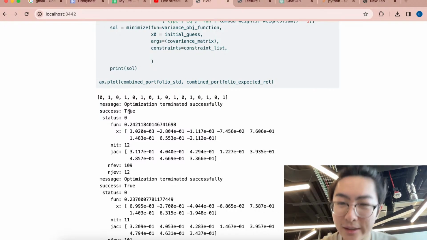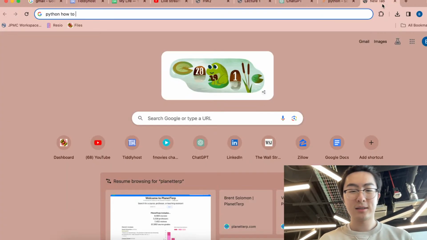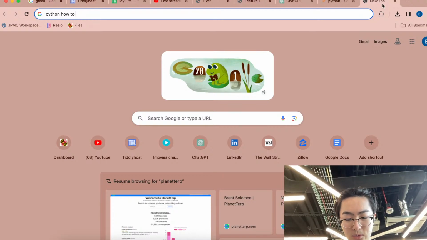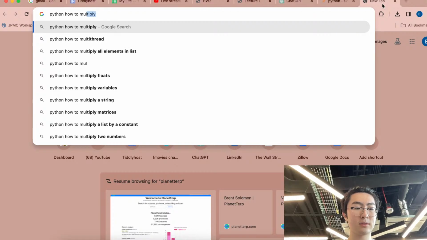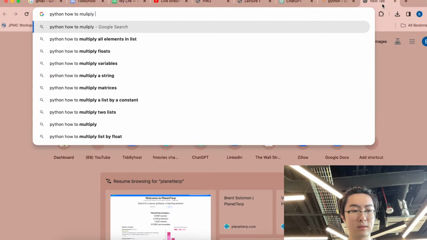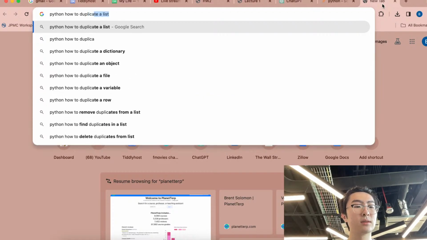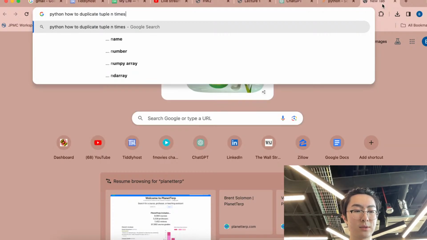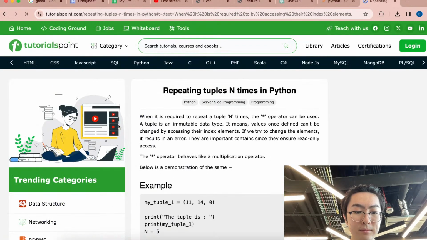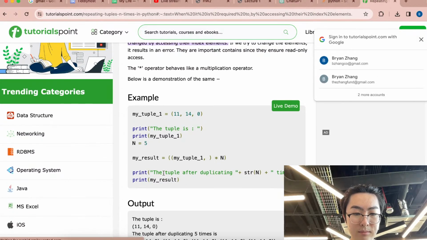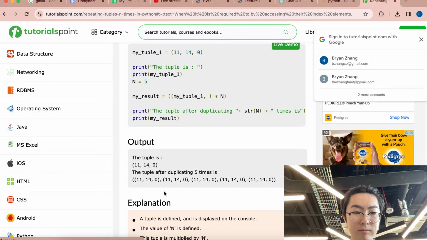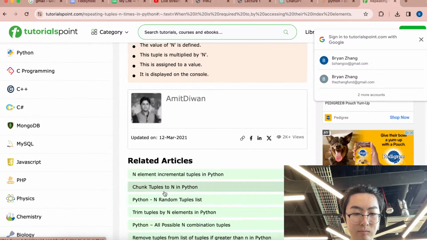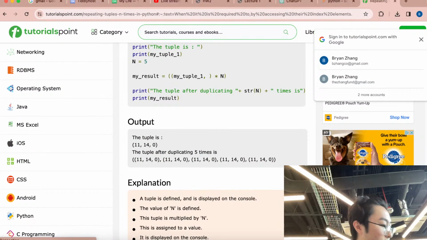I feel like there's a way to do this though.